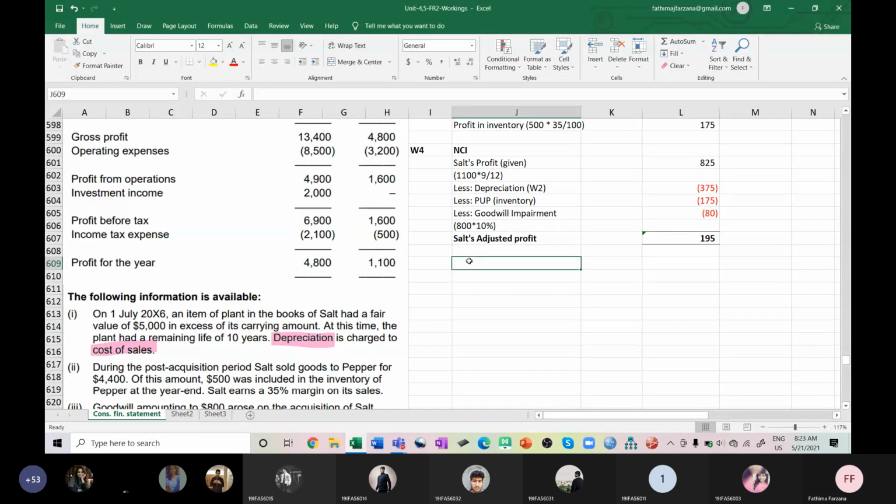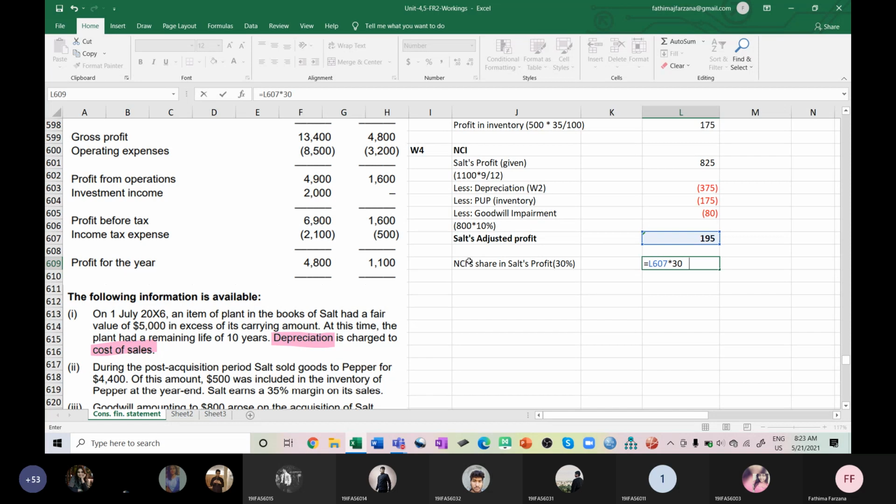Therefore, 59 belongs to the NCI. It's 58. I got one; they didn't round it off, they just left it 0.5. I rounded it off, and it's coming to 59. So the NCI share in Salt's profit is 59.